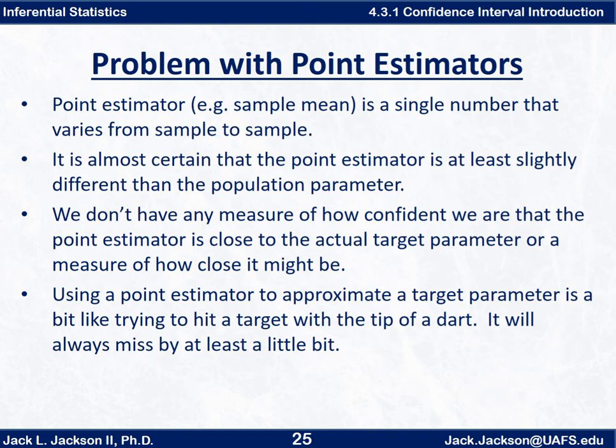And we don't have any measure of how confident we are that the point estimator is close to the actual target parameter, or any kind of measure of how close it might be. And again, it's like trying to hit a target that's just a little dot with the tip of a dart. We're probably always going to miss, hopefully not by much, but probably by a little bit.